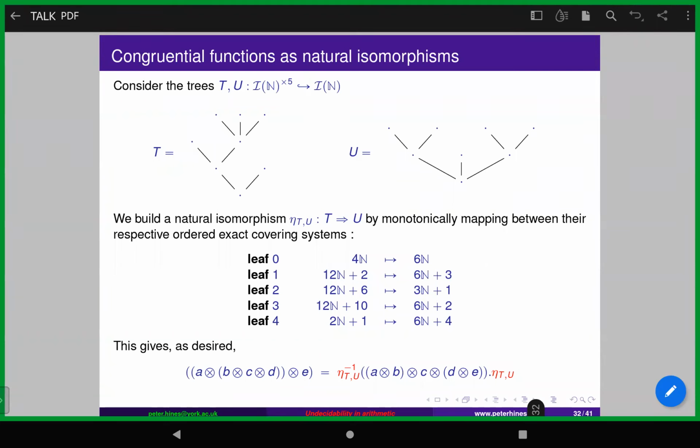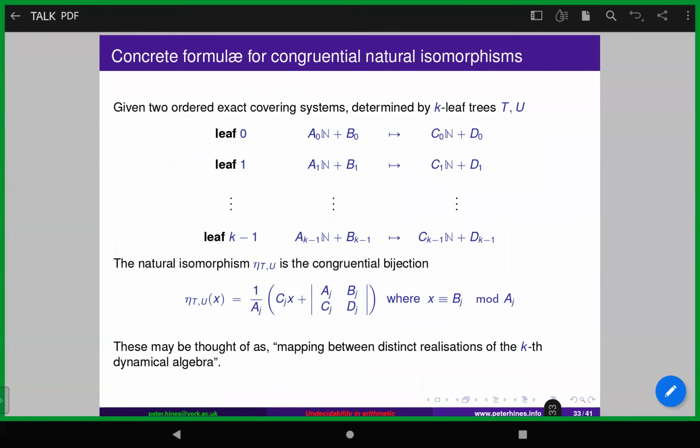And to give a slightly more formal description of it, if we have k-leaf trees, we have our two ordered covering systems. We know how to compose linear maps. These are defined piecewise on modulo classes on the natural numbers, and the most natural description is, of course, in terms of a 2x2 matrix determinant.